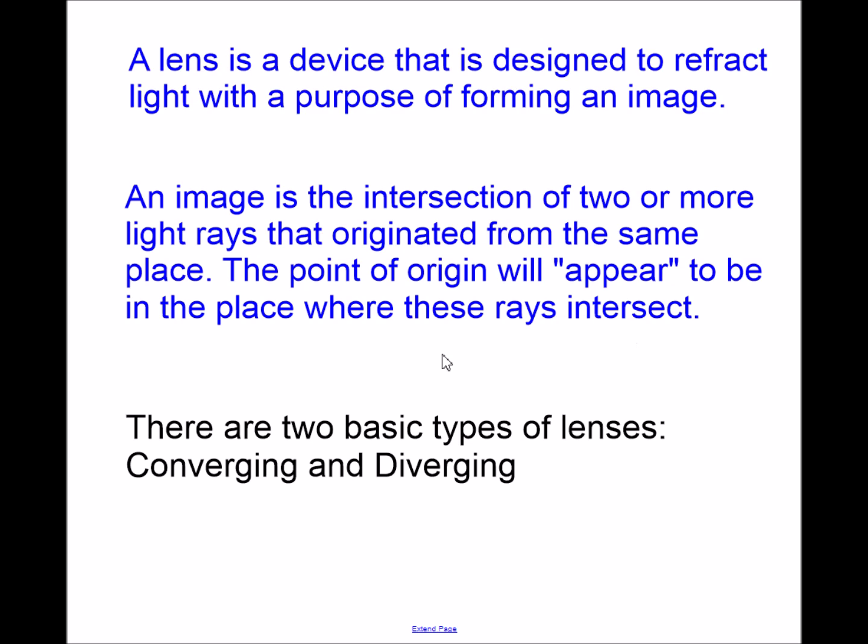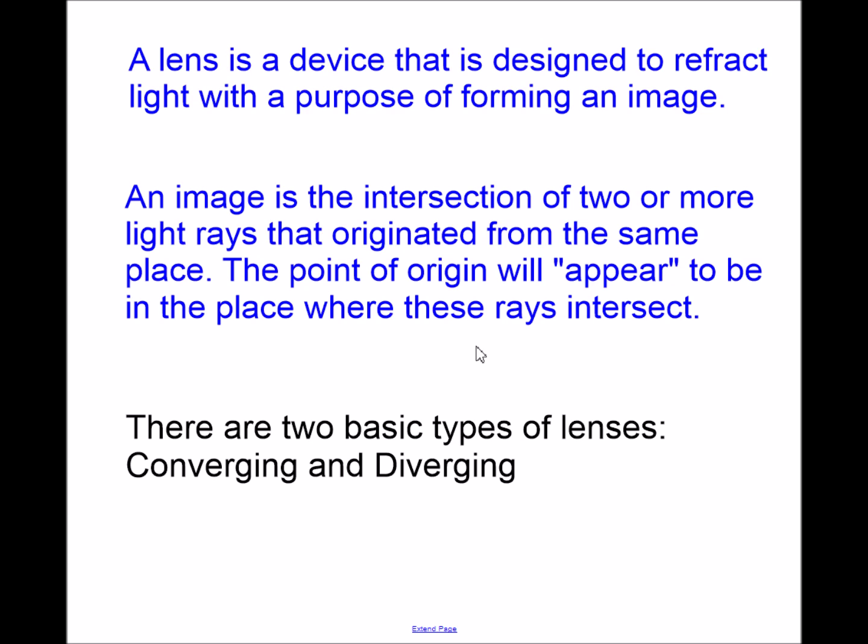The point that you have to understand here is that images are formed because of how our brain interprets the light rays. If two light rays come from the same place and they intersect again later somewhere else out in space, or if they even appear as though they came from a certain point in space, then your brain perceiving those light rays will think that's where the object was.